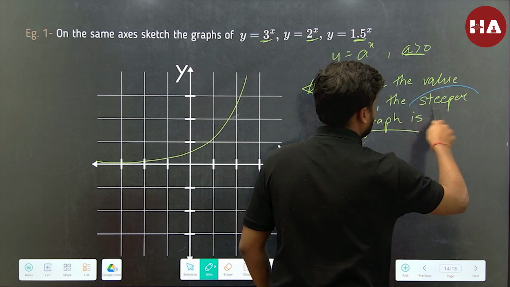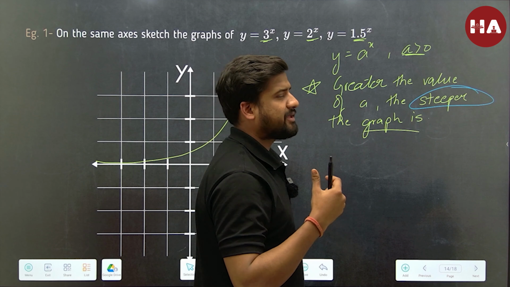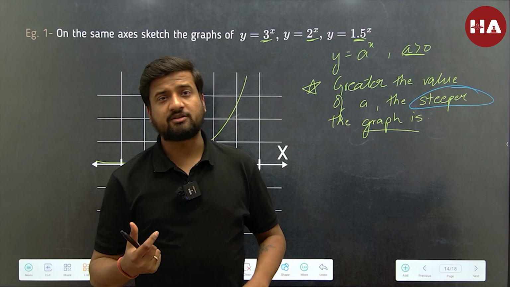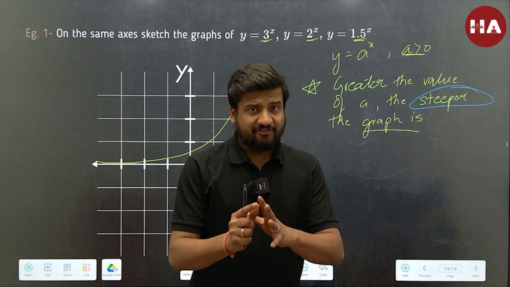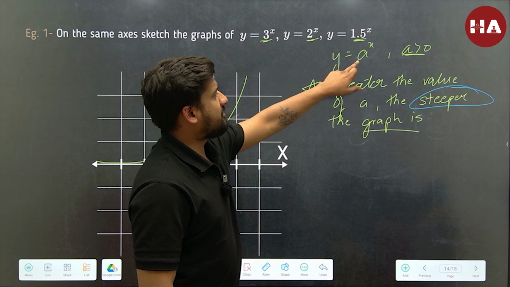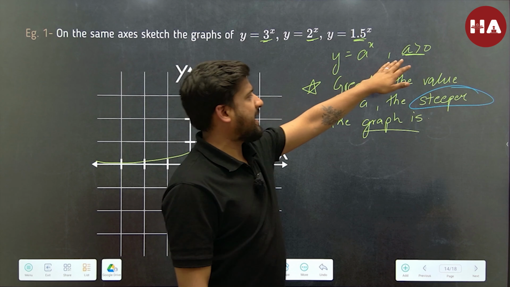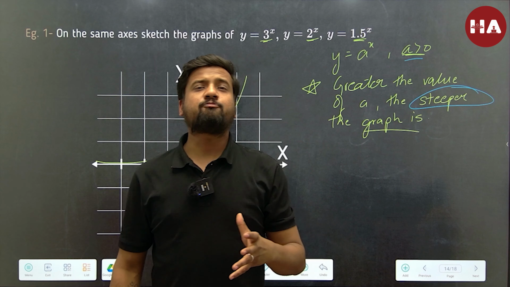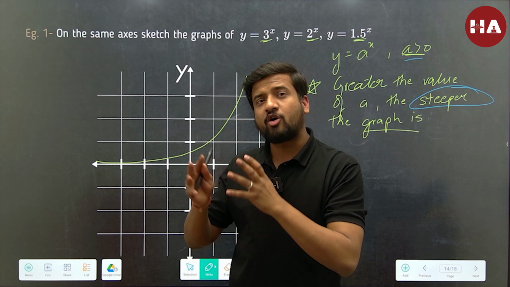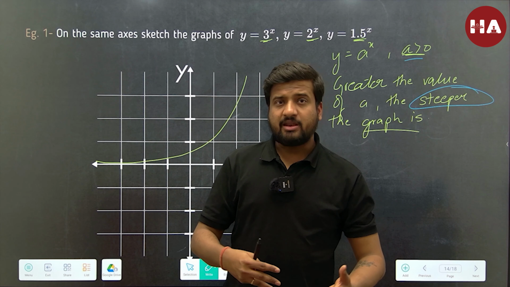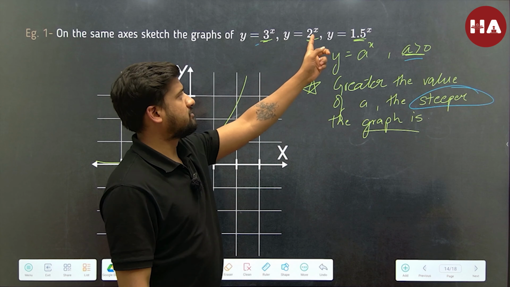This is the main and important term for this question. If my graph is y equals a to the power x when a is greater than 0, and I need to plot 2-3 graphs on the same axis where a has a different value.